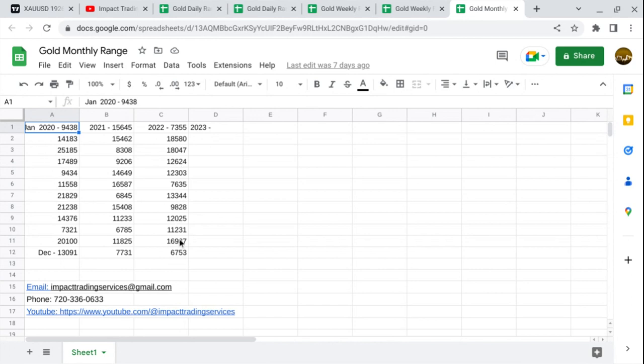Our high extended months, high extremes, are 1,600, 1,600, 1,800, 1,800. So those are extreme months, 1,600, 1,800 extreme.